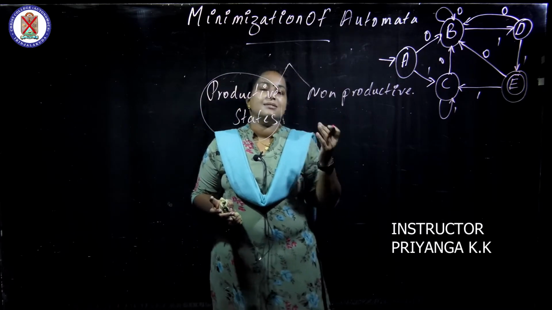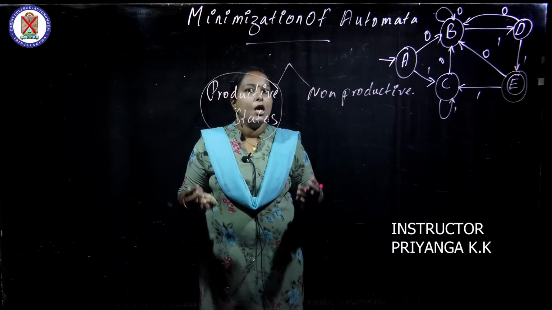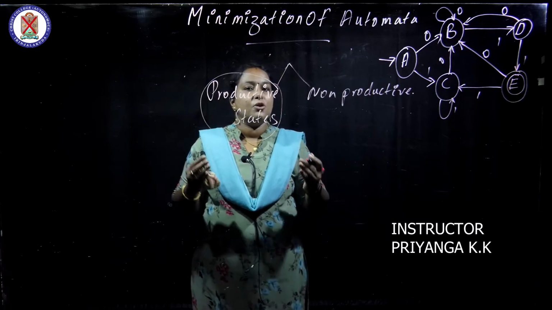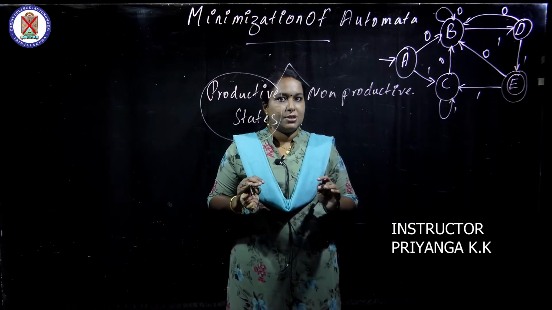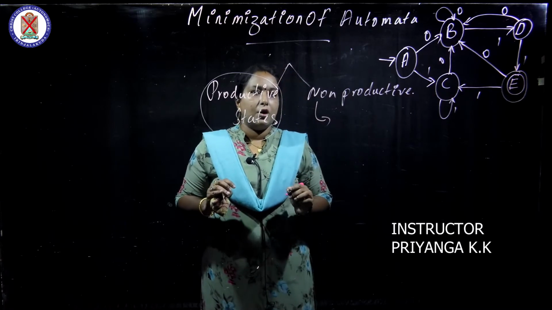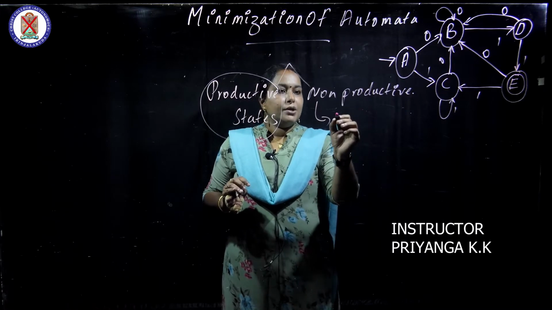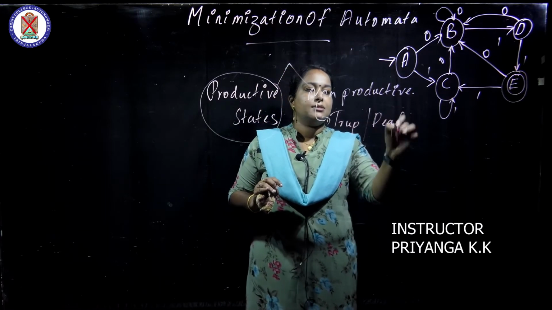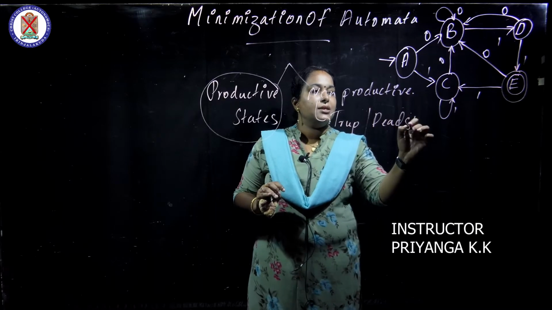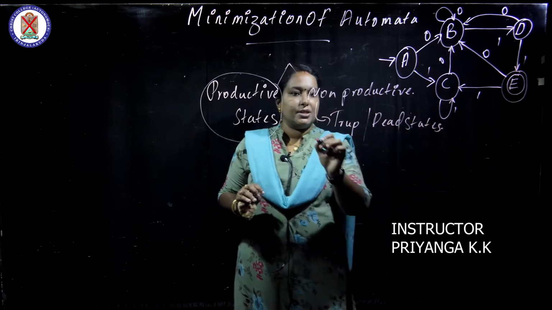Non-productive state means its occurrence can be bypassed or its occurrence is not significant in your DFA. So which are the non-productive states? You have already said trap state, or we can say dead state. Trap or dead state is a non-productive state.